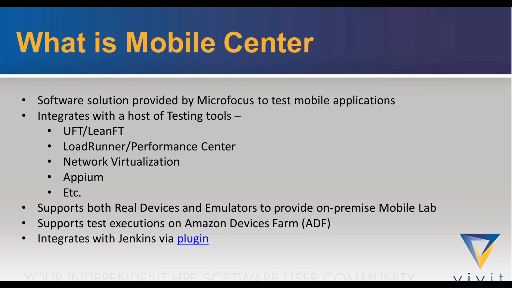It also integrates via plugin to Jenkins. If you have a defined DevOps environment and pipeline, you can do an automated build and deploy, and if you have a well-defined automated test suite, you can kick it off from Jenkins using a plugin.